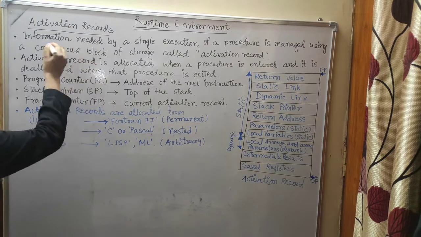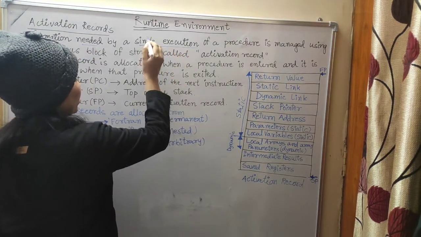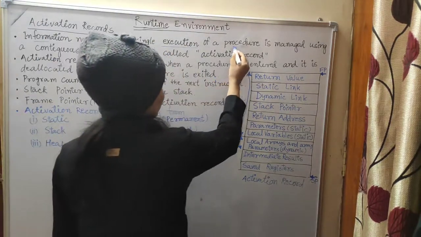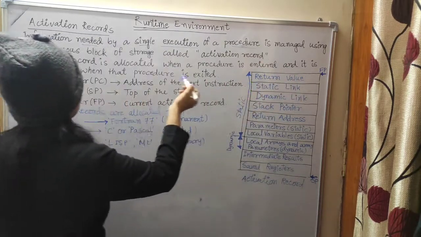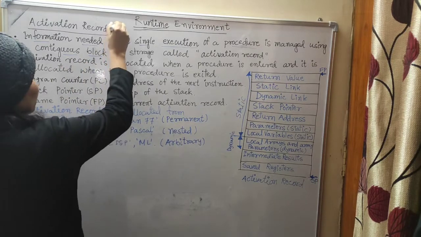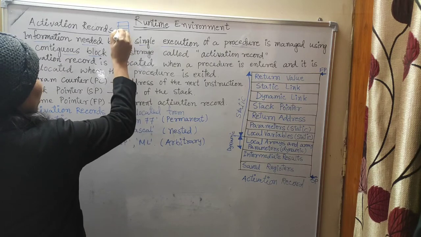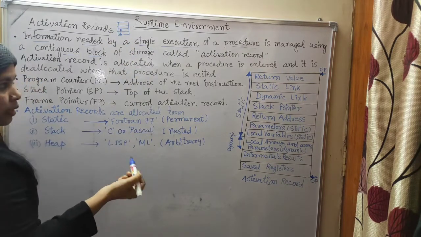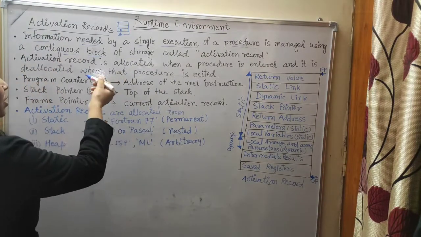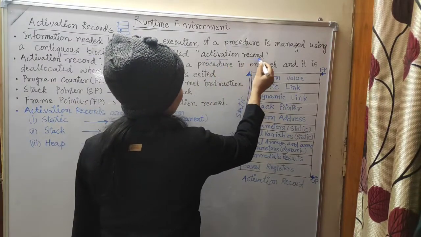The information needed by a single execution of a procedure, that means whenever we are executing the program, is managed using a contiguous block. Contiguous block means suppose this is the block, that means 1, 2 like this. A contiguous block of storage is called an activation record.